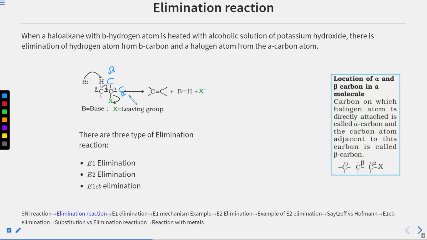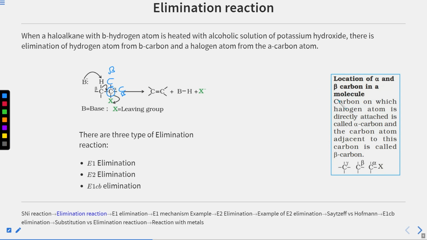Is this clear to you? Suppose you have a halogen and the carbon containing the halogen is this one, then every carbon that is directly connected to this carbon will be termed a beta carbon, and the hydrogen connected to that beta carbon is termed a beta hydrogen.